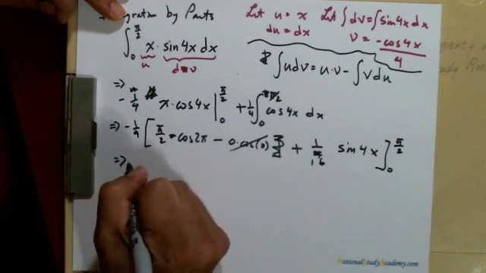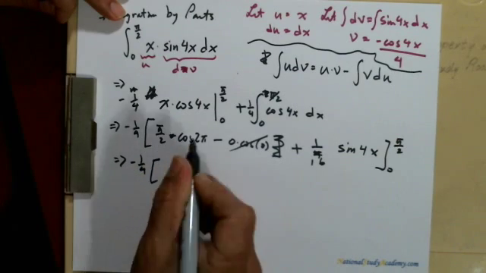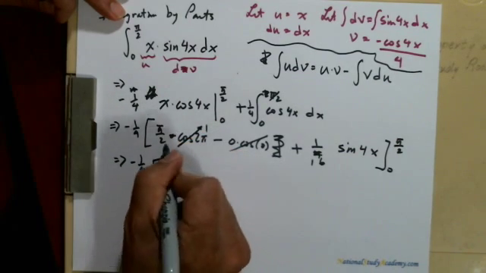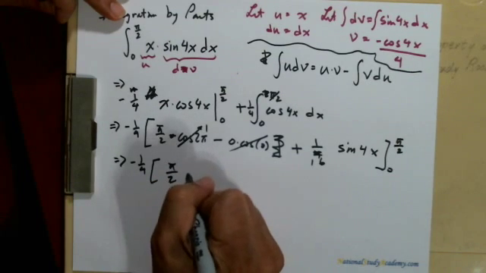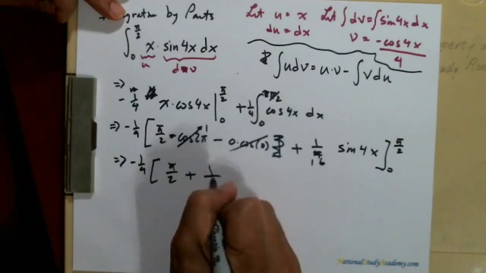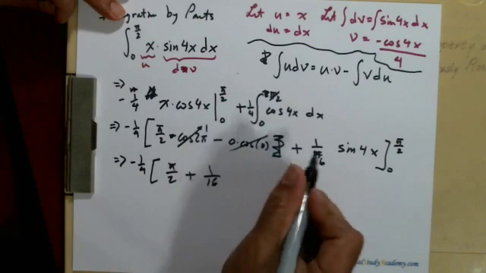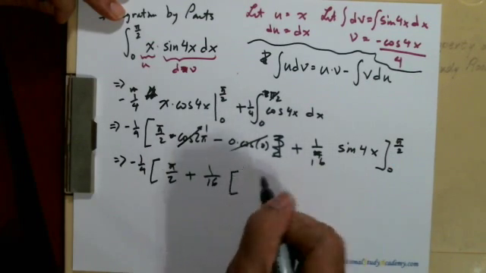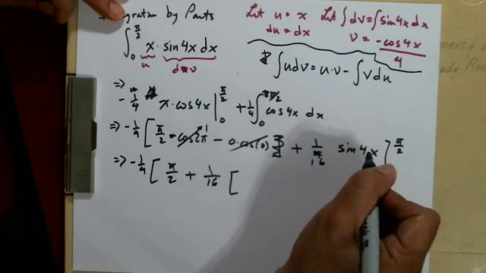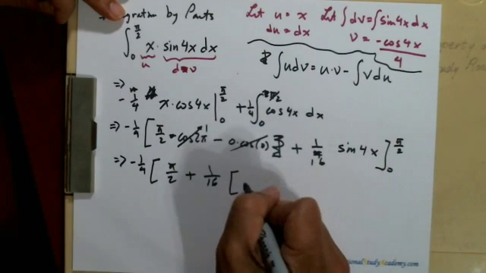So it's going to be negative 1/4. Cosine of 2 pi is 1. I know that. So 1 times pi over 2 is just pi over 2. Plus 1/16 times sine of 2 pi. Pi over 2 times 4 is 2 pi. Sine of 2 pi is 0.